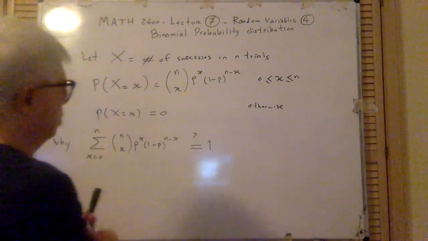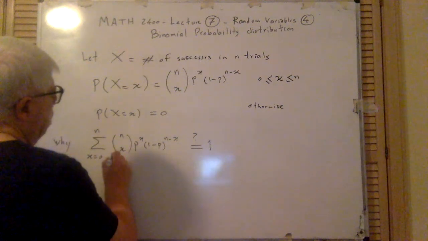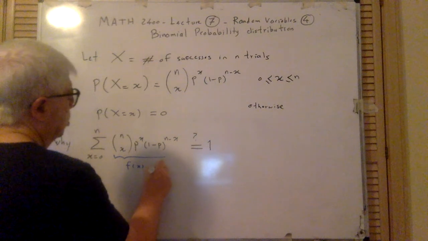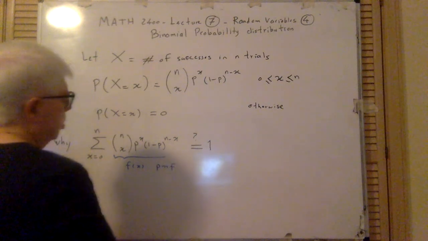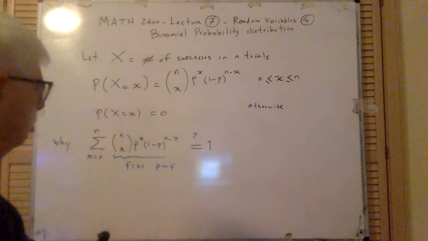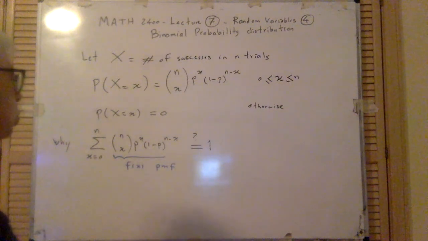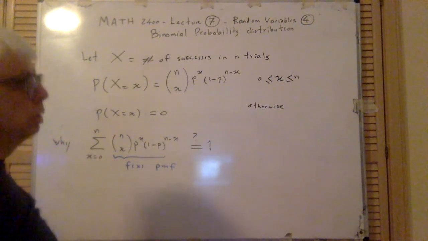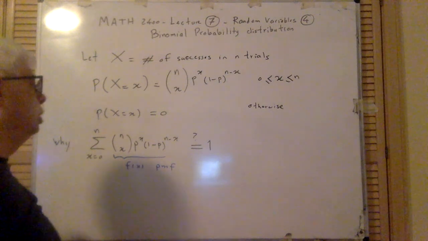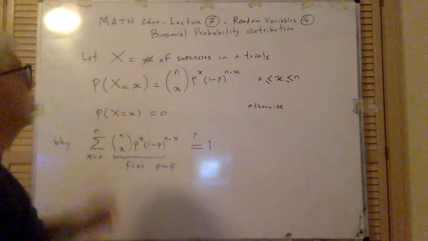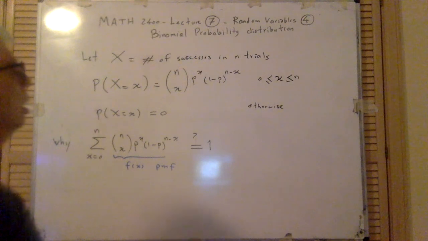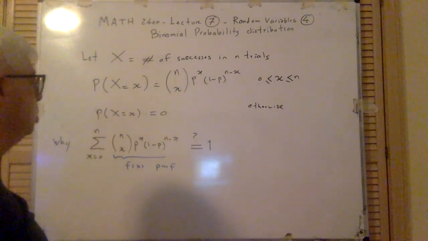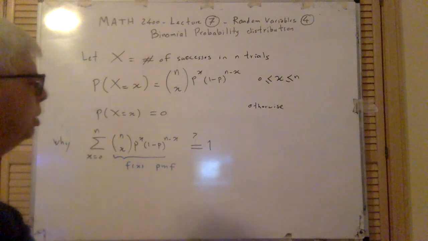In fact, that is what we call, I guess the book calls it PX or FX, the PMF. So remember the PMF should add up to 1 over the points x takes, over the image of x. Say this is the image of x, goes from 0 to n. And why is it 1?